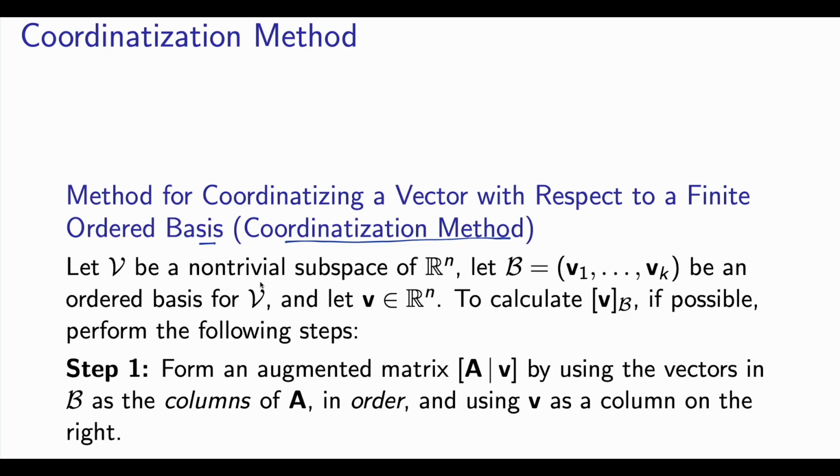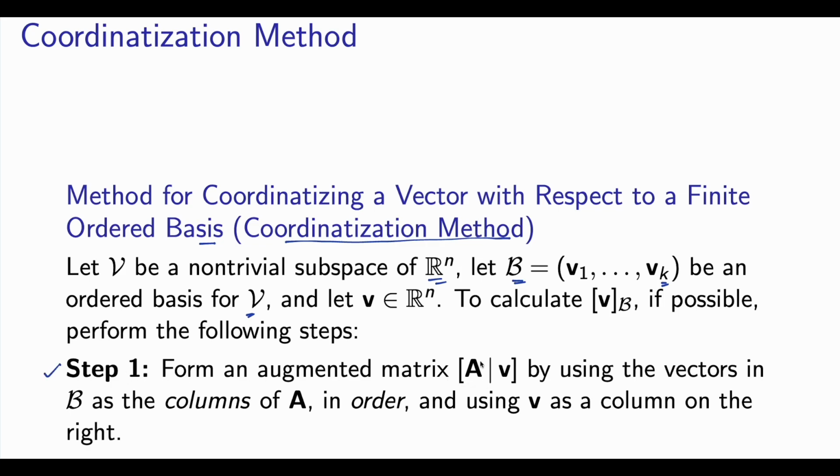Suppose V is a non-trivial subspace of Rn and B is an ordered basis, let's say v1, v2, ..., vk, an ordered basis for V. Then let any v belong to Rn. To calculate [v]_B, if possible, we perform the following steps.